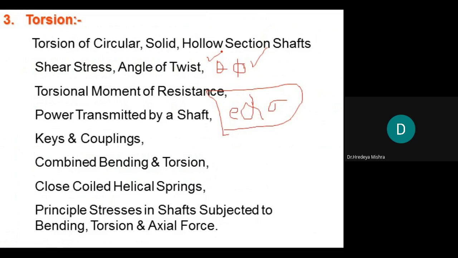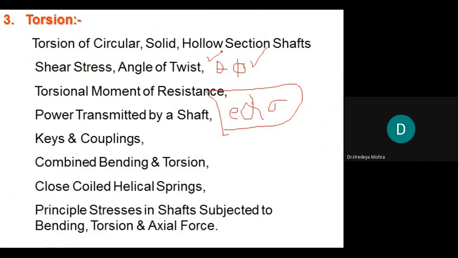If we consider a beam which is fixed at one end and free at the other end, like a cantilever beam, and we apply a moment at the free end, then an equal and opposite moment will be generated at the fixed end to oppose this deformation, and this moment is the torsion.